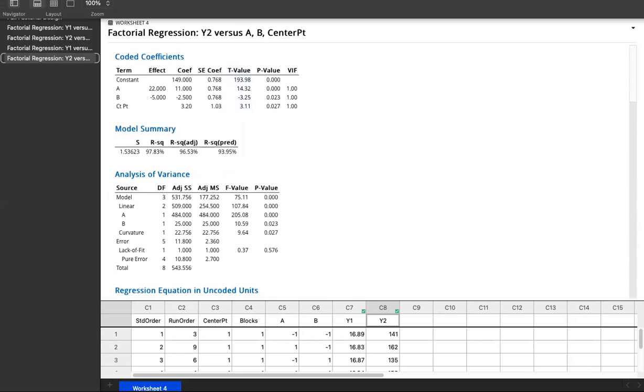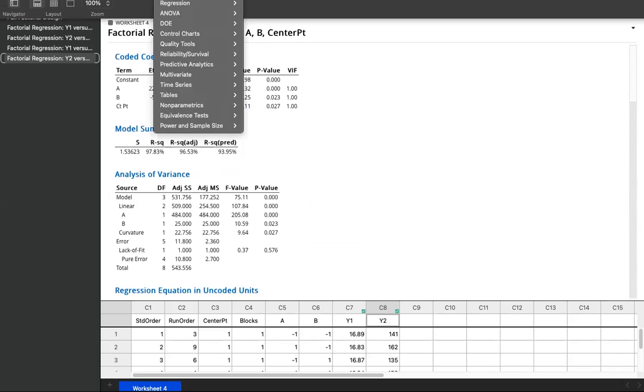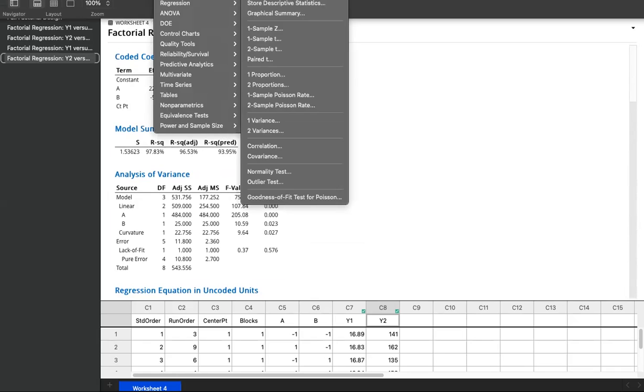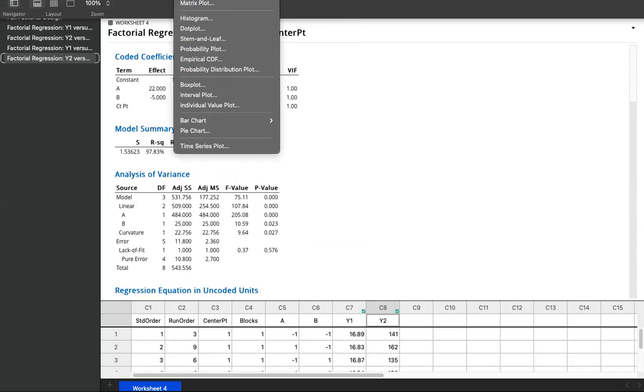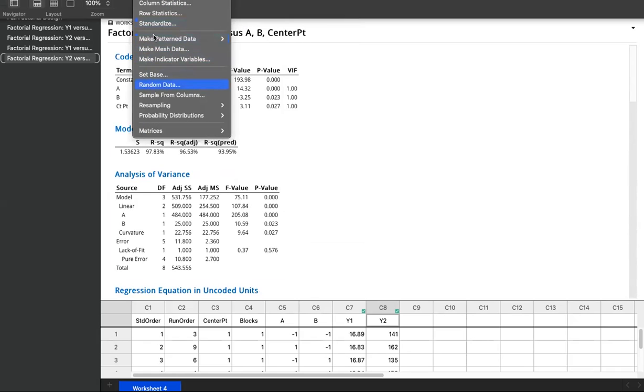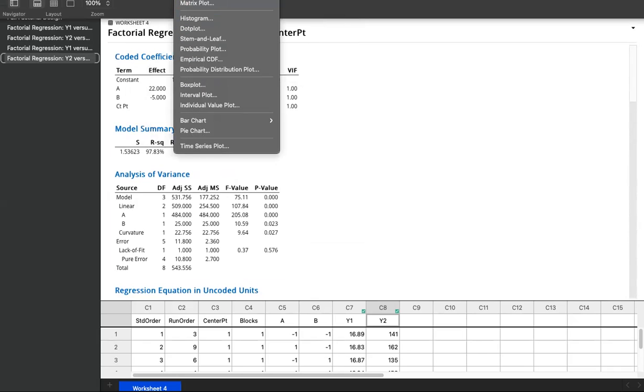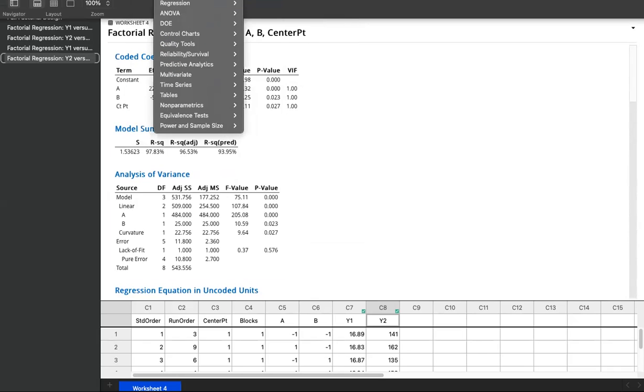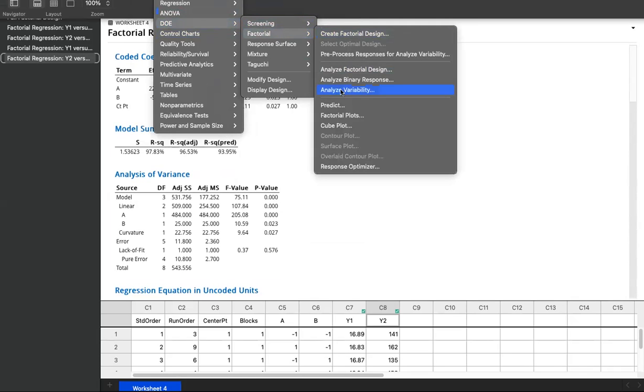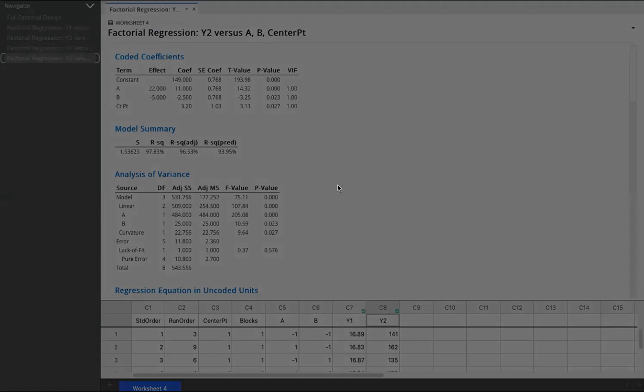So, well, what can we do now? Well, we also can do the factorial plots to see our values.